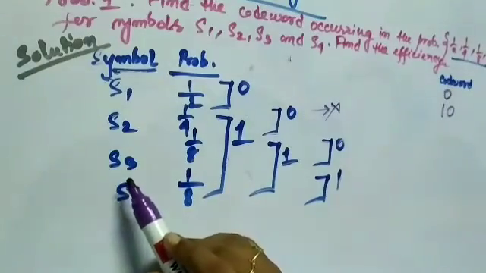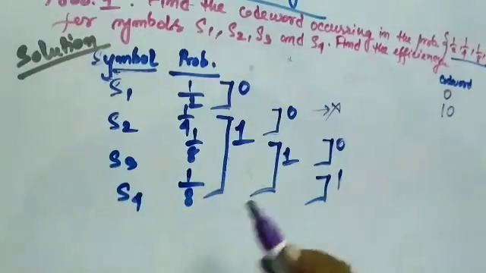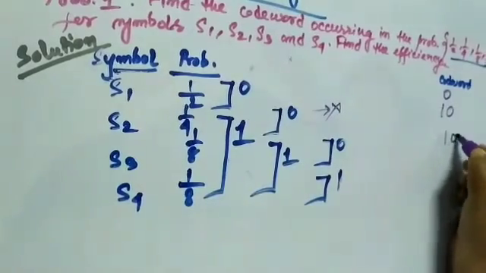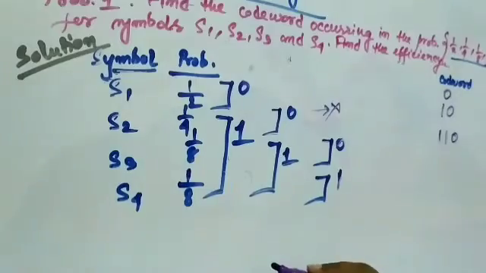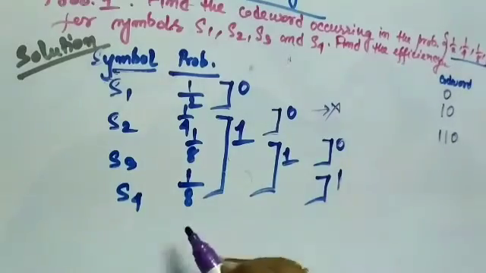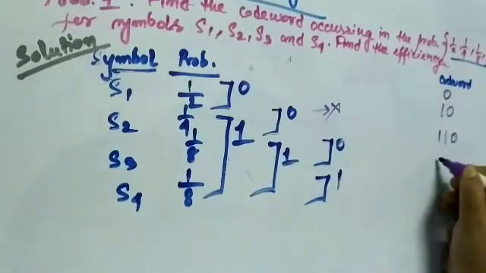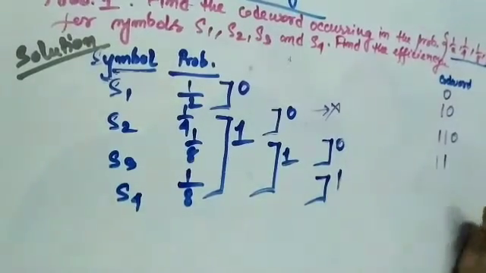The set 3 has code word 1, 1, 0. And the last will be 1, 1, 1. So it is our required code word.